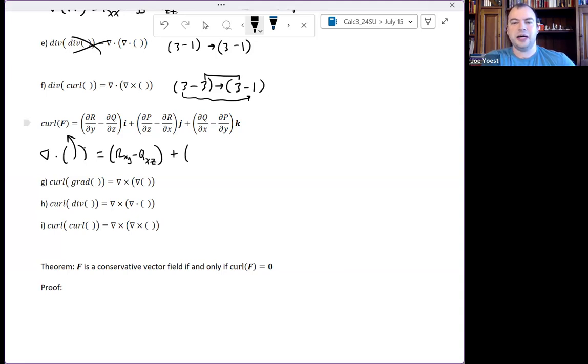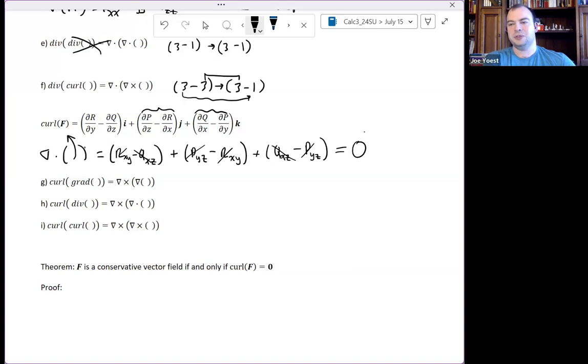Plus the y derivative of the y component, pyz, minus rxy, plus the z derivative of the z component, plus qxz minus pyz. But hey, wait, pyz minus pyz, qxz minus qxz, rxy minus rxy.